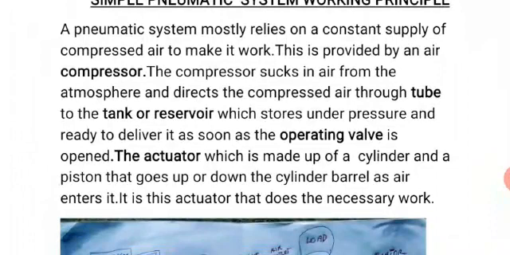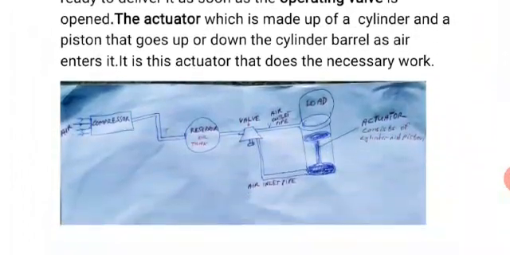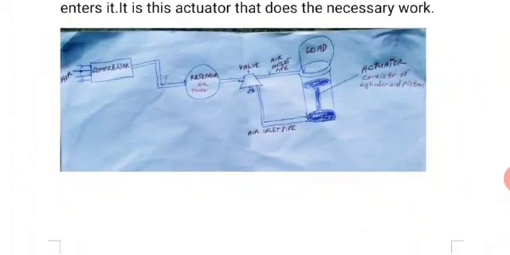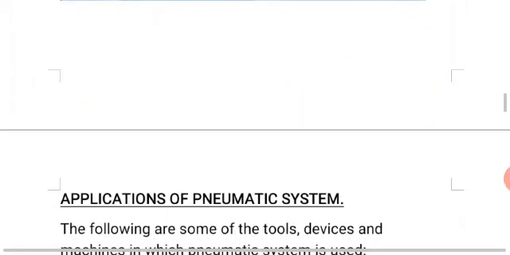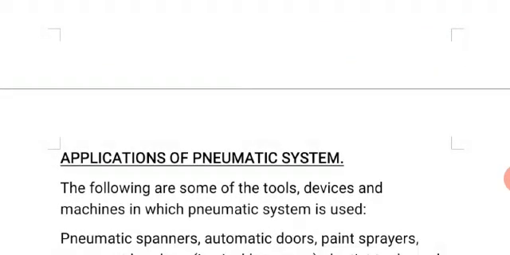The actuator, which is made up of a cylinder and a piston that goes up or down the cylinder barrel as air enters it, is what does the necessary work. So that is a short note for you to jot down on the working principle of a pneumatic system.